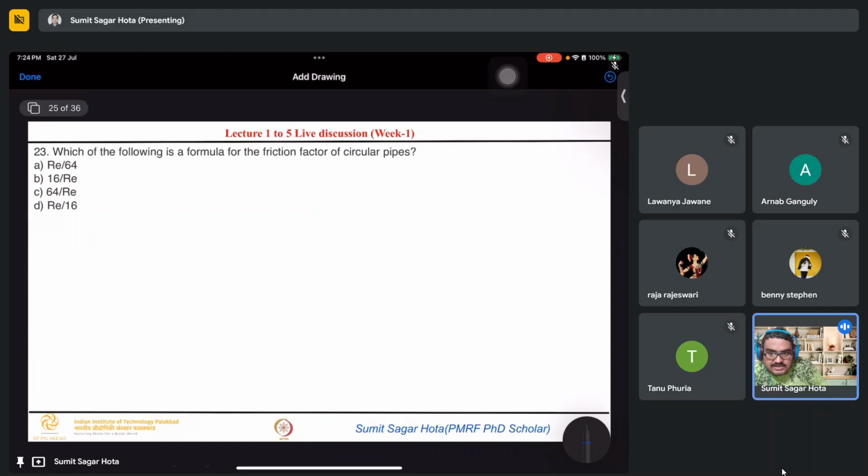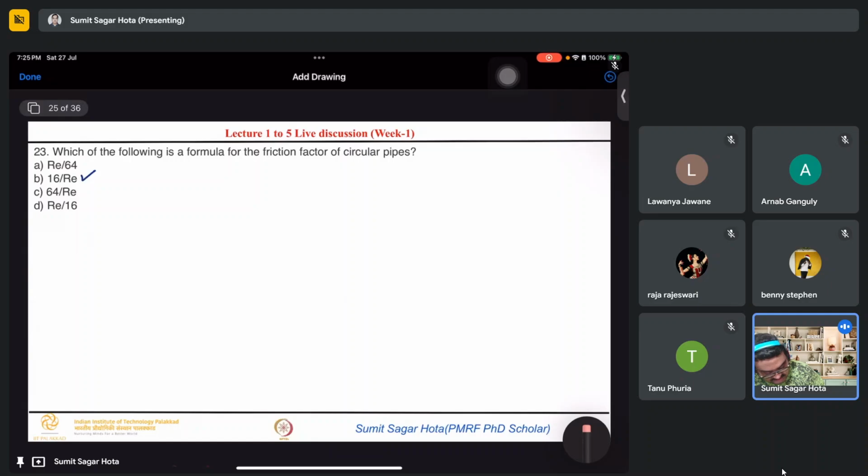Then which of the following is a formula for the friction factor of a circular pipe? Okay. It's a very common formula, but most people will confuse the friction factor and the coefficient of friction for a circular pipe. Some people may choose 16 by Re, because they can confuse the numerator or denominator.